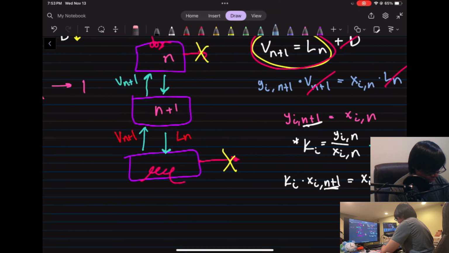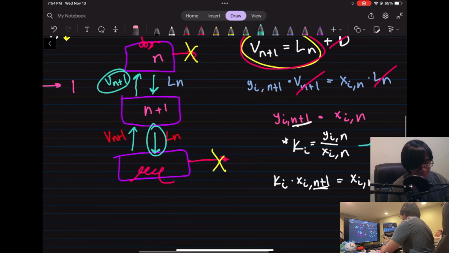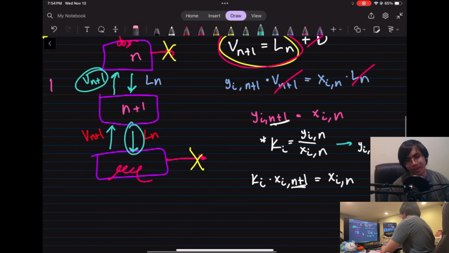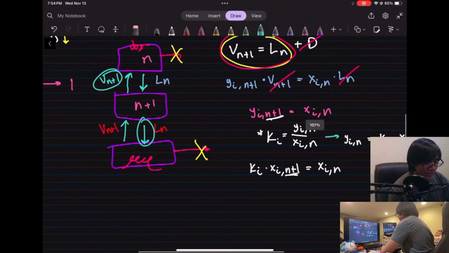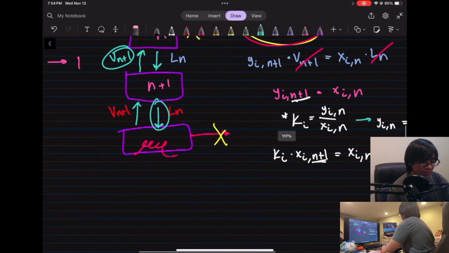This is liquid of n. And we just substituted out the y of this stage with the x coming down. So yeah, I'm sorry, that is correct. It is equilibrium. I think I was confusing myself since I was looking at the boiler and I was like, there's no stream coming from the boiler.